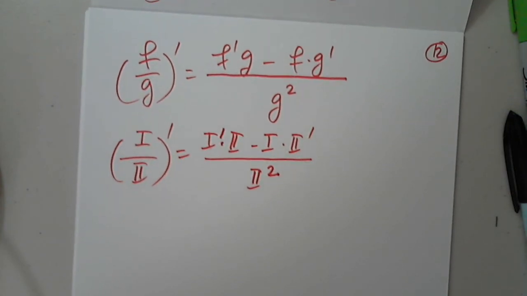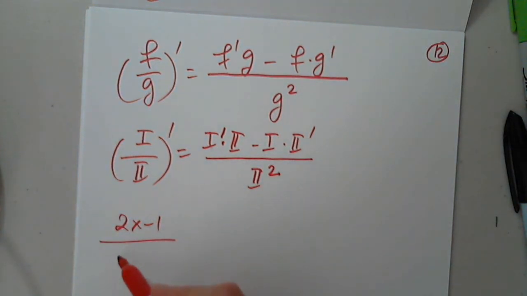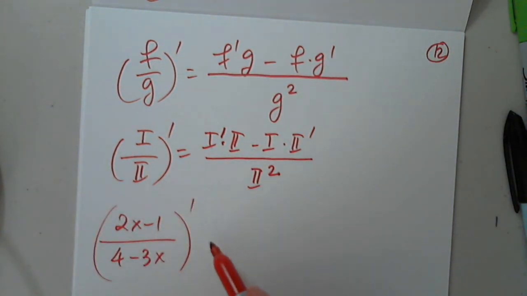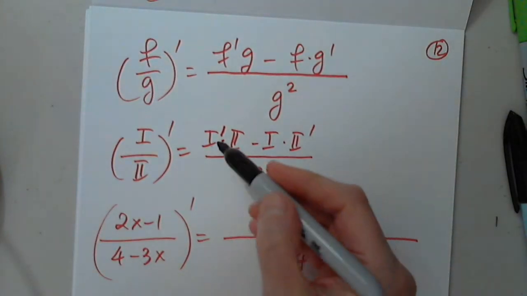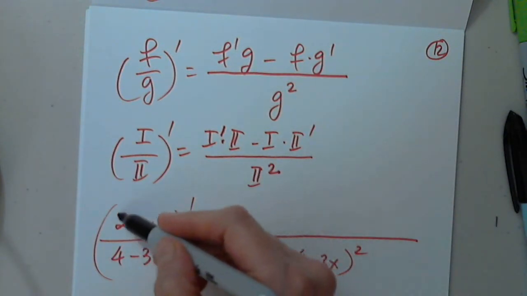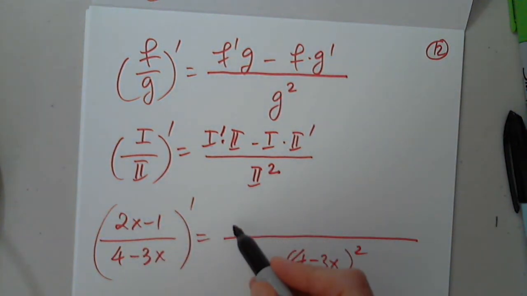Again, use the method you prefer. So here's an example. 2x minus 1 over 4 minus 3x. And we want to differentiate. I like to start with 4 minus 3x squared, so I don't forget. And then the top, the first function prime. Can anyone give us the first function prime? What does it equal to? 2.